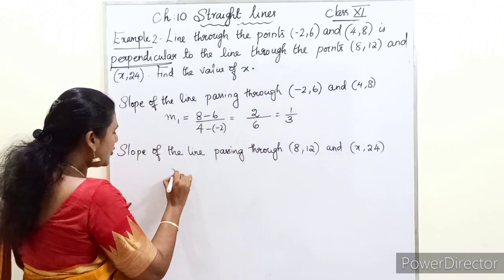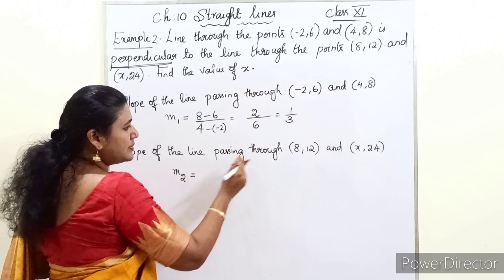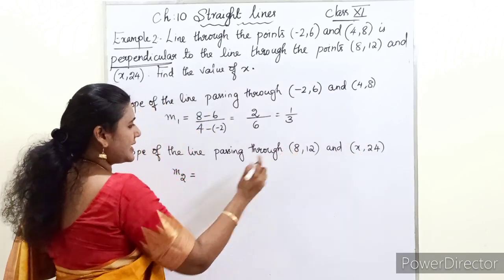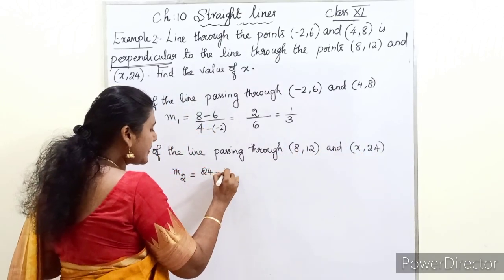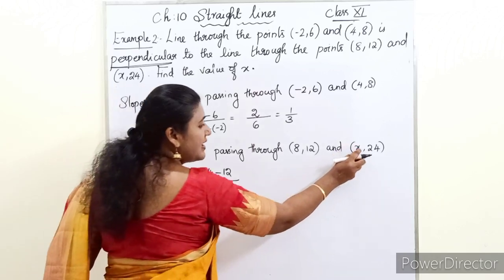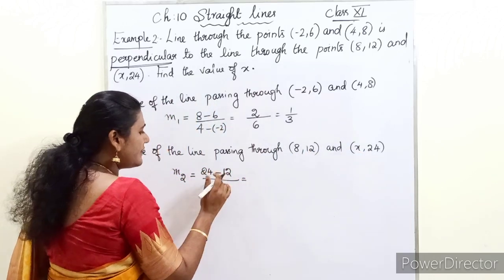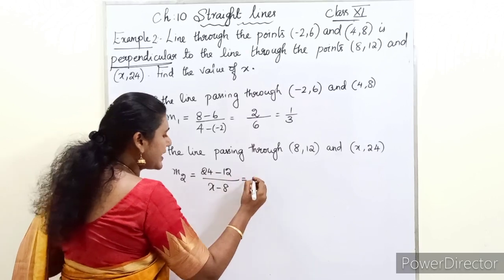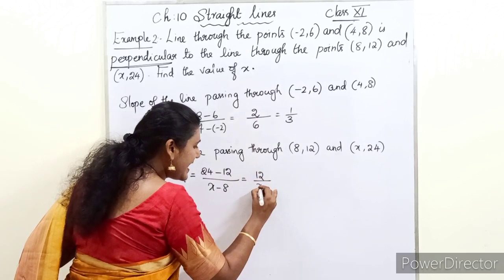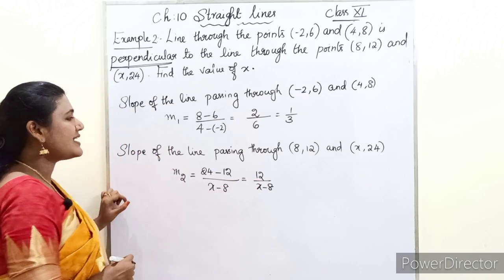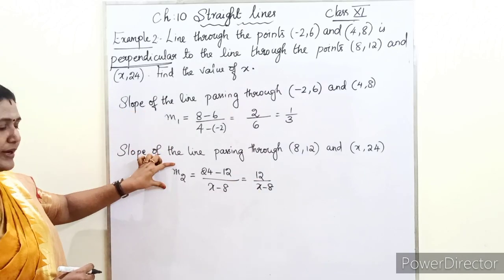We will denote the slope as m2. So m2 is equal to y2 minus y1, so 24 minus 12, divided by x2 minus x1, x minus 8. We will simplify this. 24 minus 12 is 12, by x minus 8. Okay, so we got the slope of the two lines.